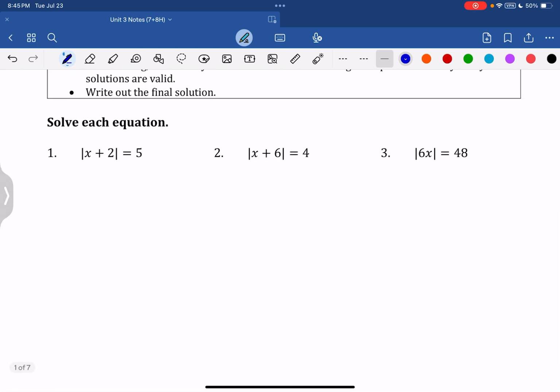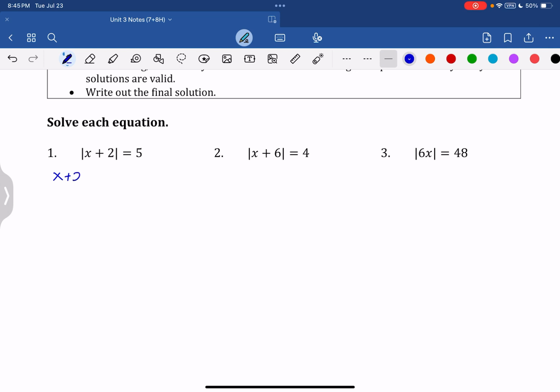So here our absolute value stuff is all alone. It's like a little present. Once this is isolated and equal to a positive, when I say isolated, I mean this part all by itself, with nothing added to, subtracted from, multiplied by, or divided outside of that absolute value. If that's the case, then I unbox it.